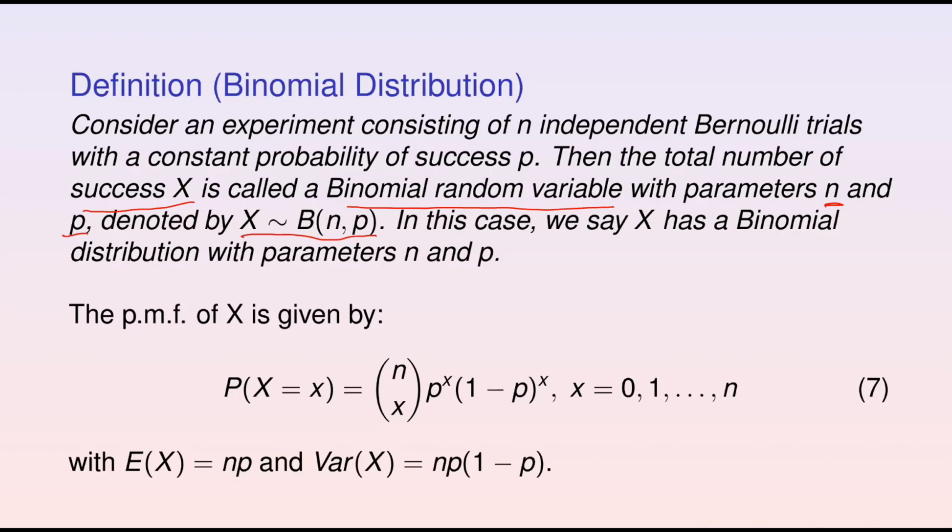So we have B(10, 0.5), which means it has a binomial distribution with parameters n equals 10, p equals 0.5.